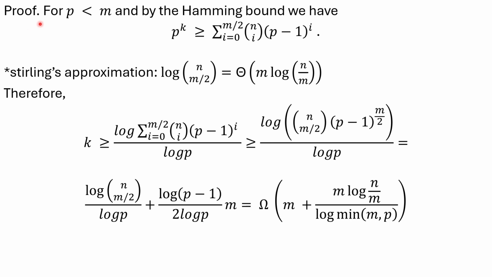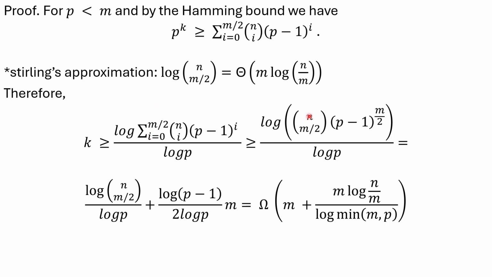Proof. For p less than m, by the Hamming bound, we have the result we got from the previous slide. We can use Stirling approximation for log, which is written right here. Therefore, we can take this equation, put log on both sides, and we get this inequality. The second step right here is true because we take the largest element and only the largest element. On the left side, we add another element.